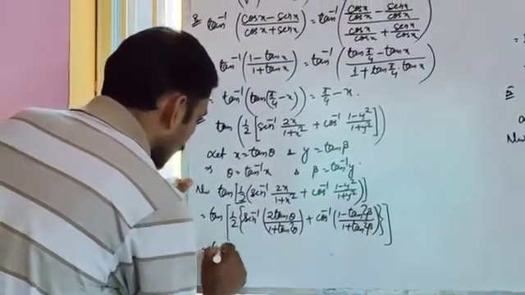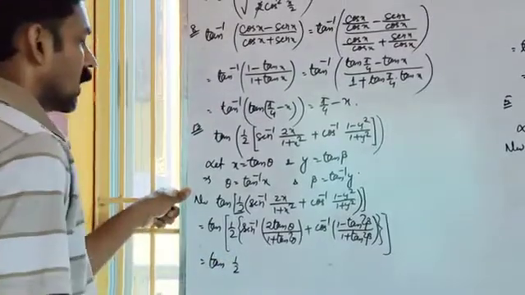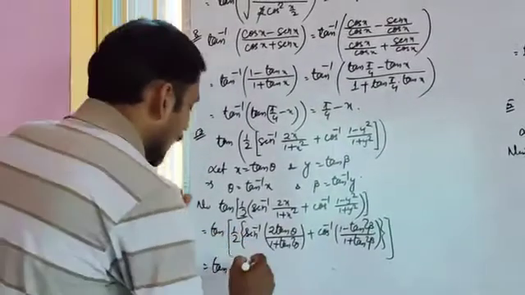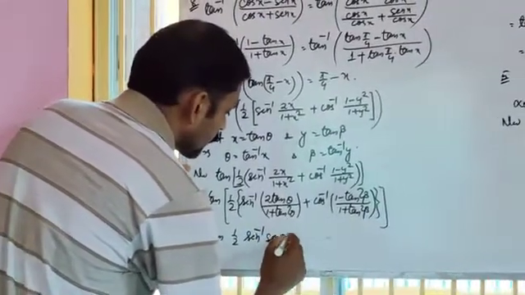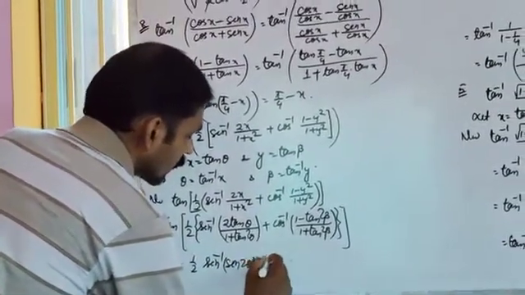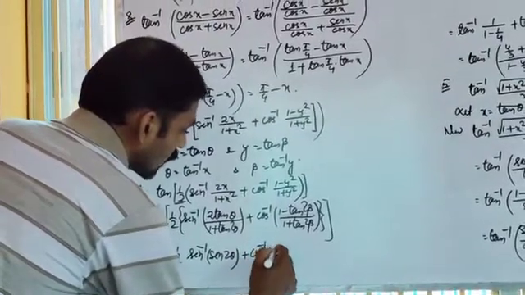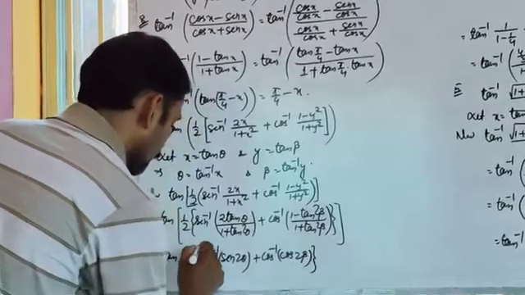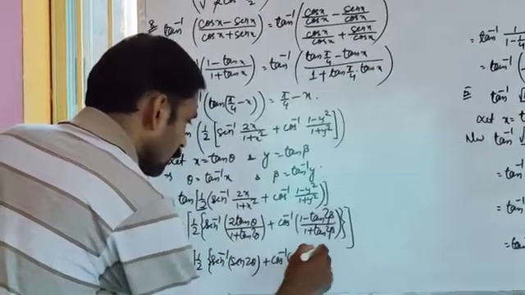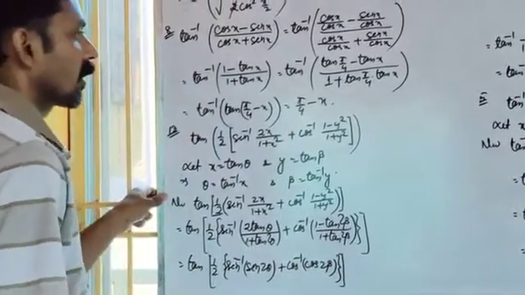This is tan half of, now this is sin inverse sin 2 theta plus cos inverse cos 2 beta here.